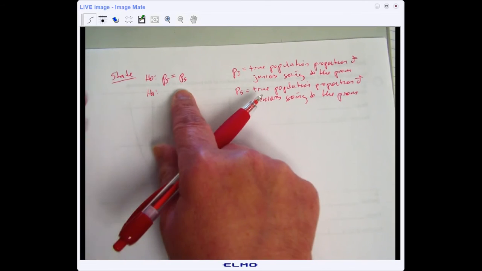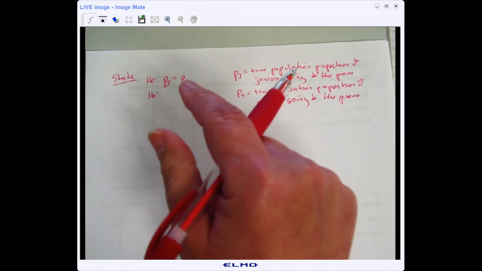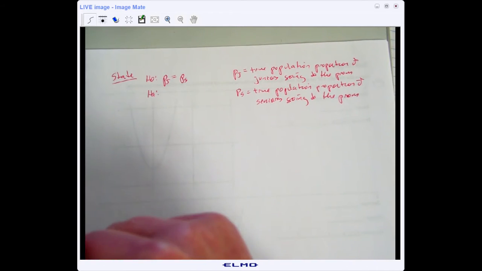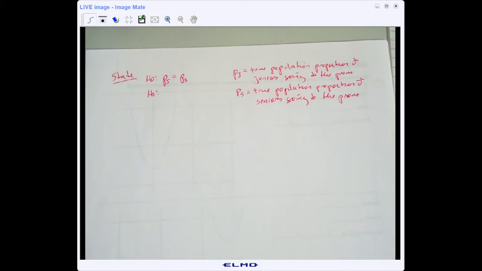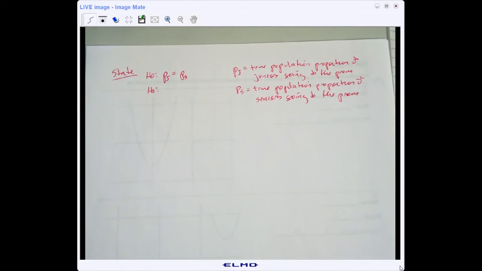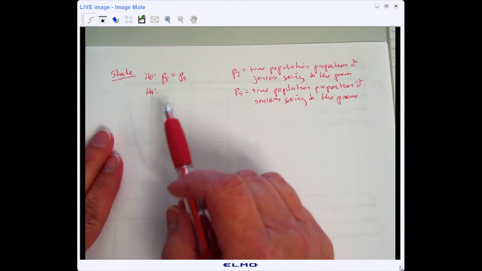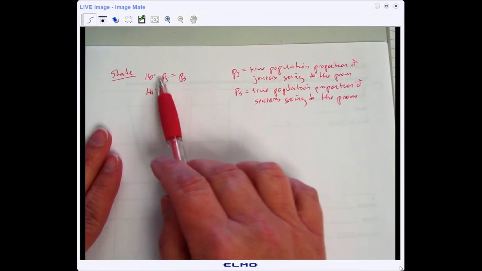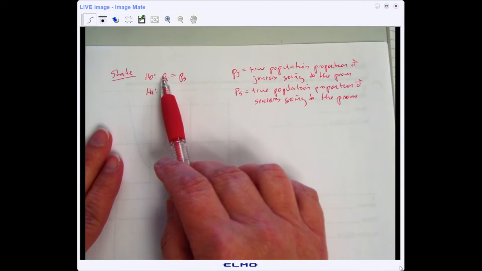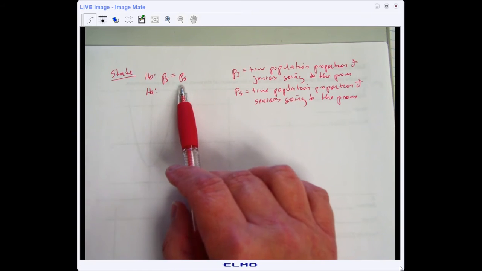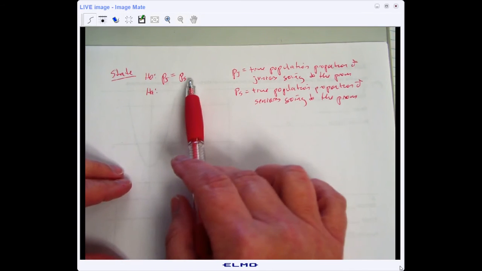If the proportions are the same, then there is no difference. So if they are equal to each other, the true population proportion of juniors going to the prom is equal to the true population proportion of seniors going to the prom. There is no difference.